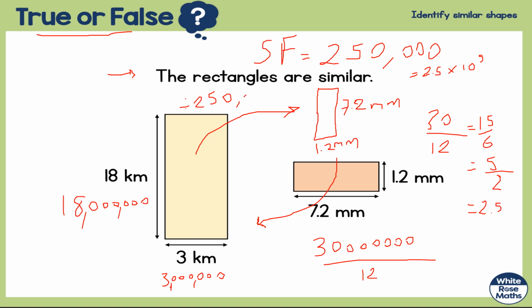That confirms my answer is correct, because if I divide 18 million by 250,000, I get 72 millimeters. And if I do 1.2 millimeters times 250,000, then I get 3 million. So that's my answer.